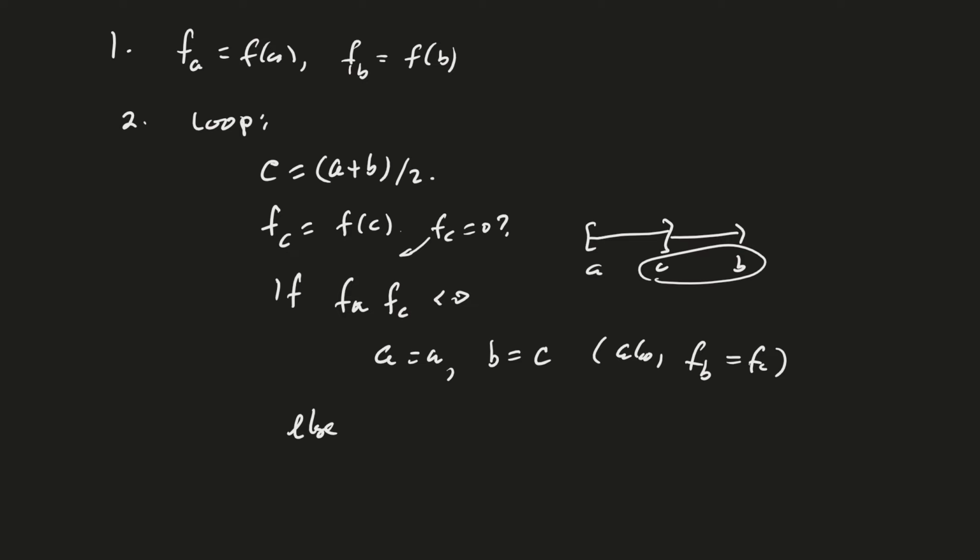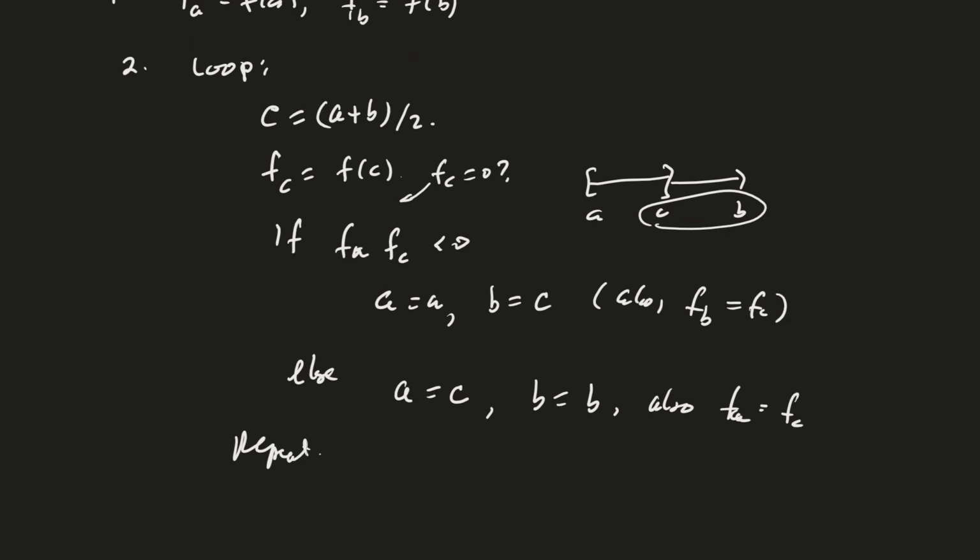And so then you reset a to be equal to c, and then b is equal to b, and then also reset f sub a to be f sub c. Good, and that's it. Repeat. Of course, that would go on forever.